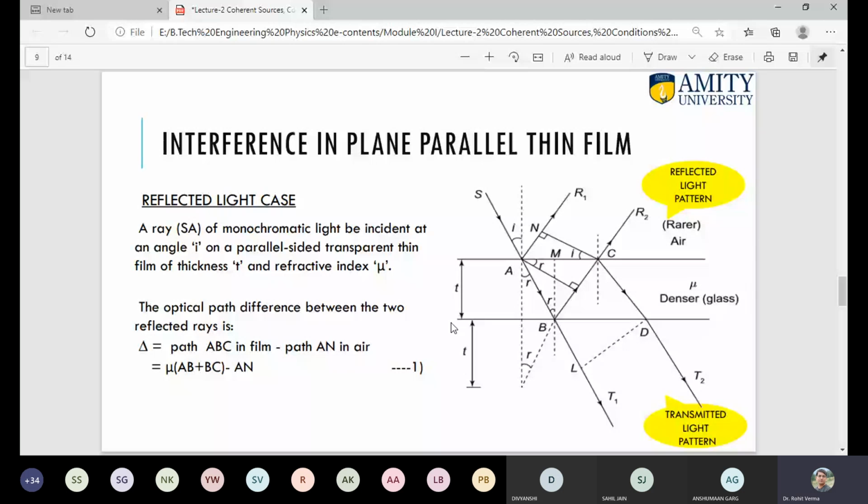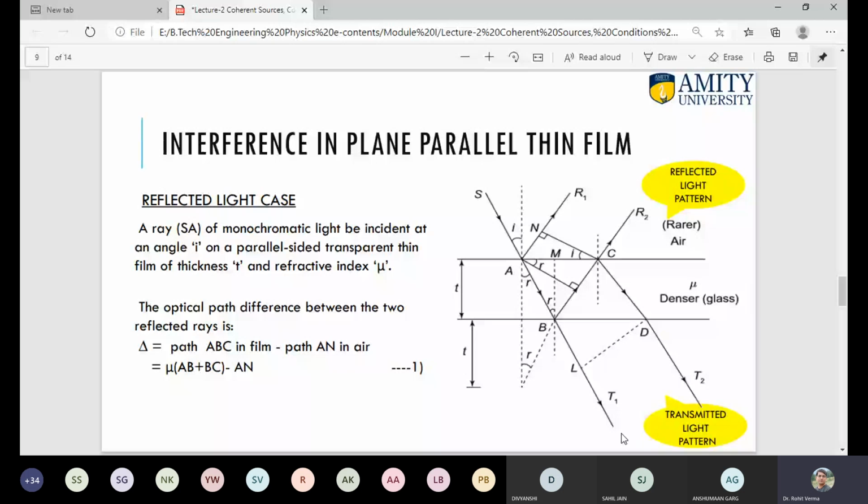Again, this is the interface of a denser medium and a rarer medium, so again there will be reflection along the direction of BC and refraction along the direction of T1.